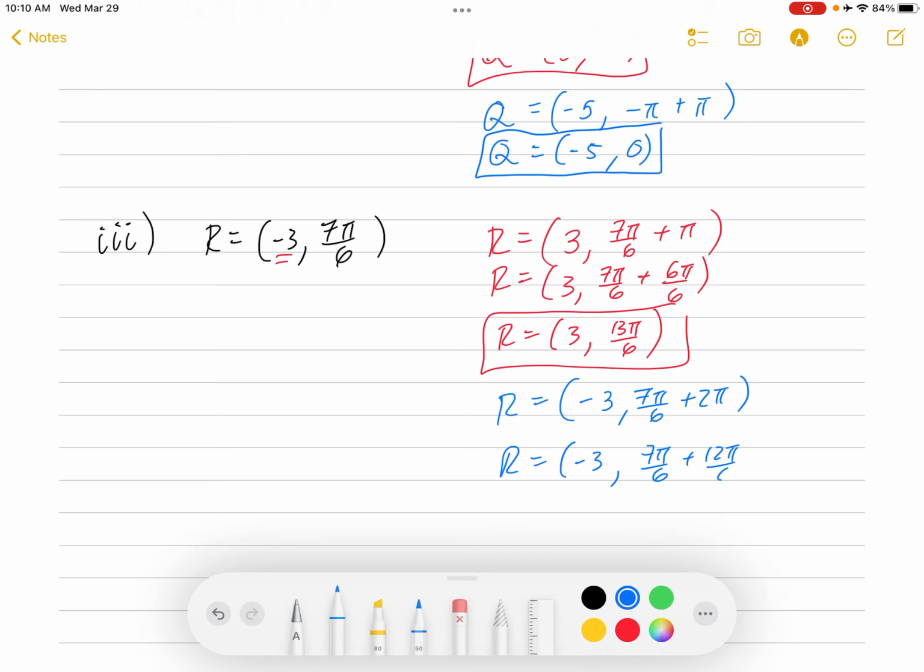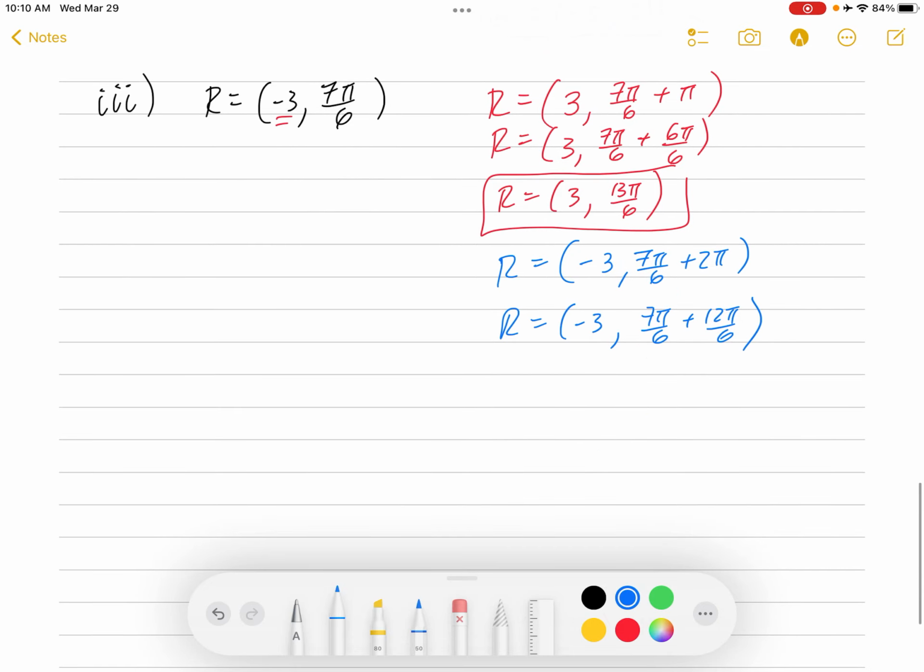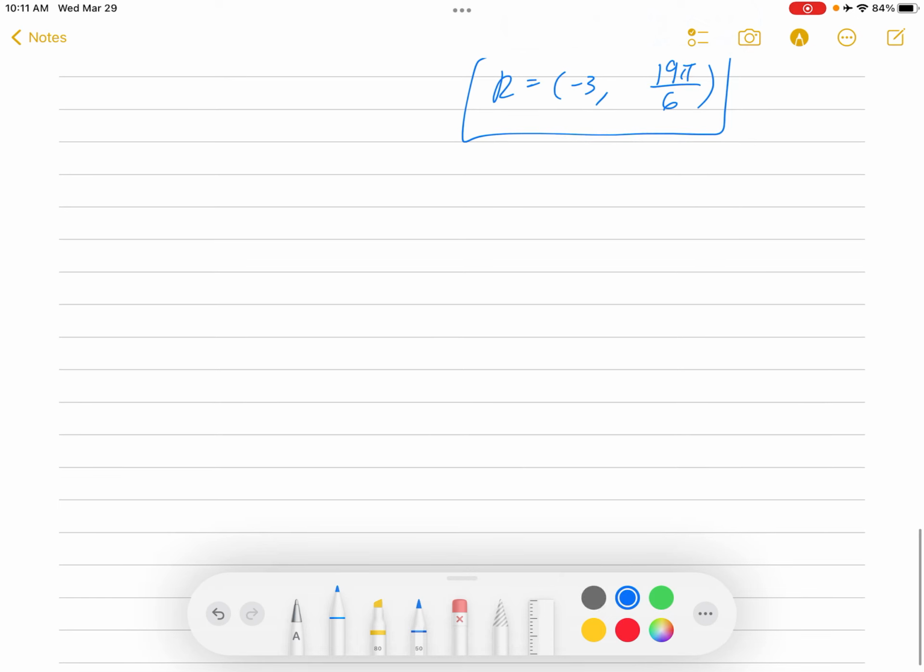It's going to be negative 3 comma 7 pi over 6 plus 12 pi over 6, right? 2 pi is 12 pi over 6. So we get negative 3 comma 7 pi plus 12 pi, that's 19 pi over 6. So negative 3, 19 pi over 6. Another way to write that point.